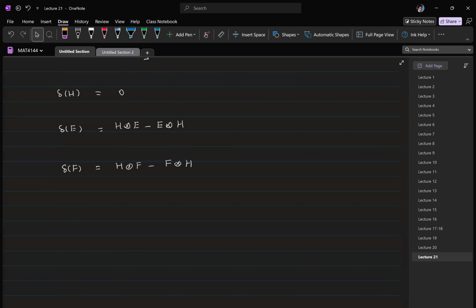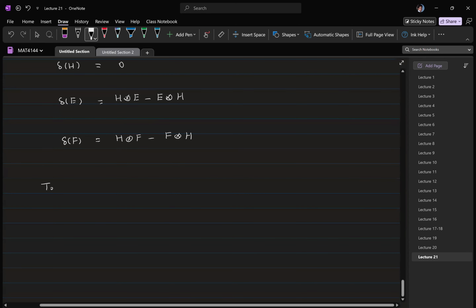To see delta star, the smartest choice would be to take the dual basis. So you take the dual basis H star, E star, F star.